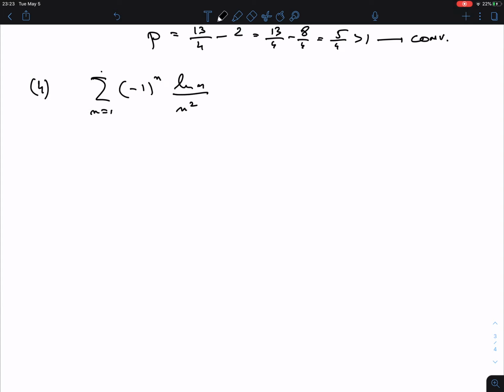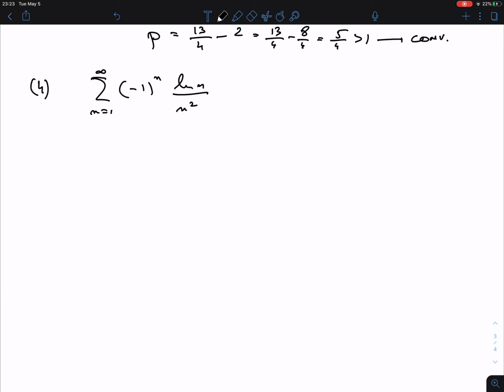Not that that matters much. So here we have a bit of options. The fact that it is a log n and n squared makes me doubt that I want to do comparison, because logs cannot be compared, as well as ratio test. I told you logs are not very good with ratio tests.